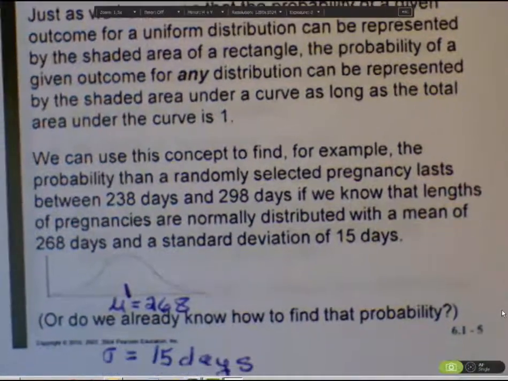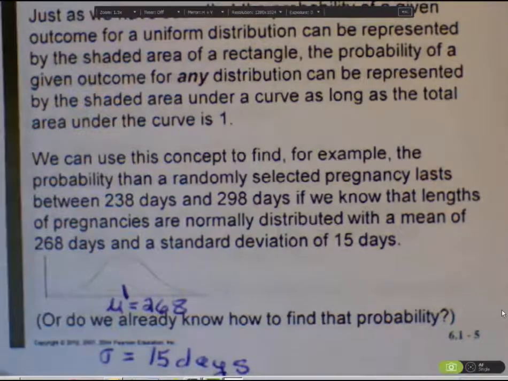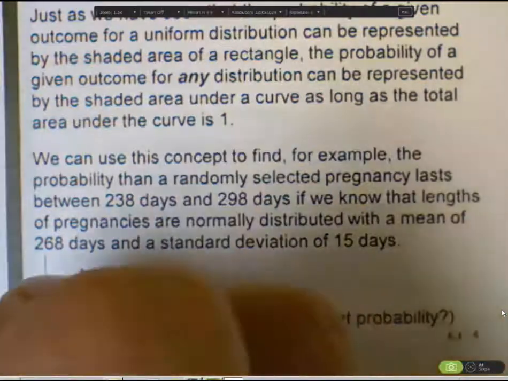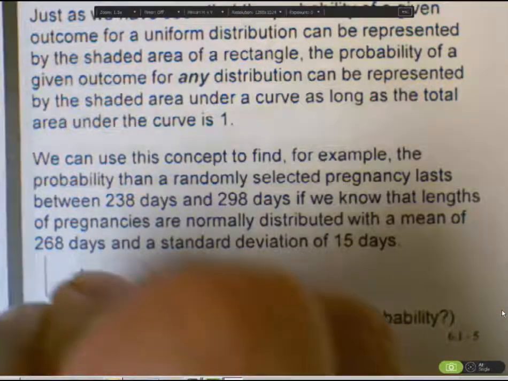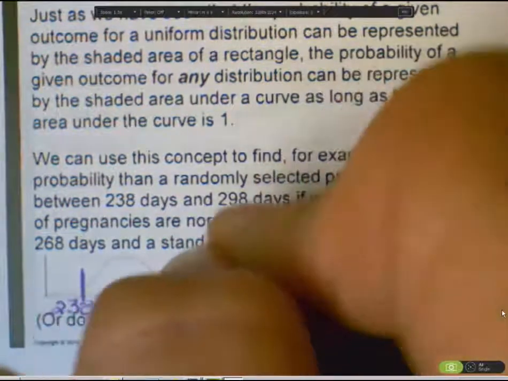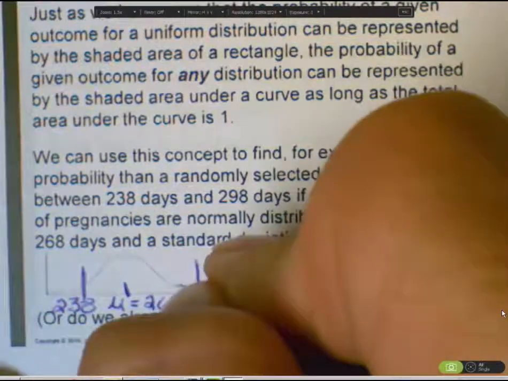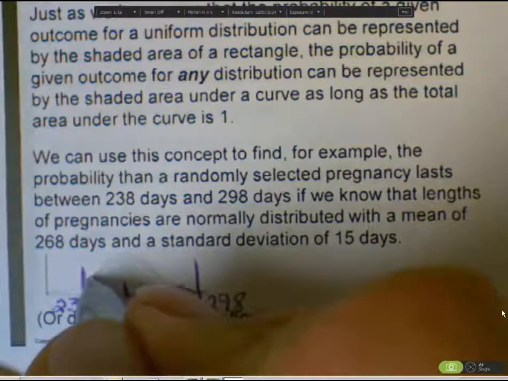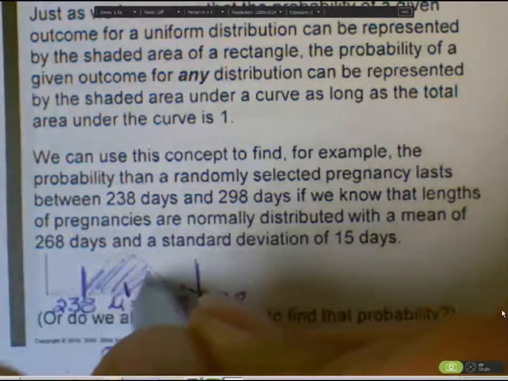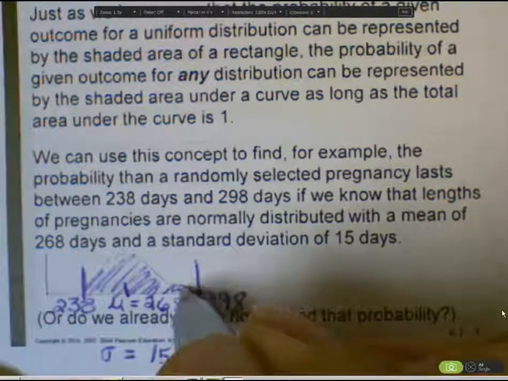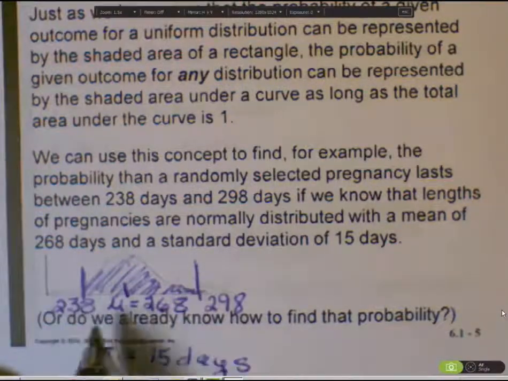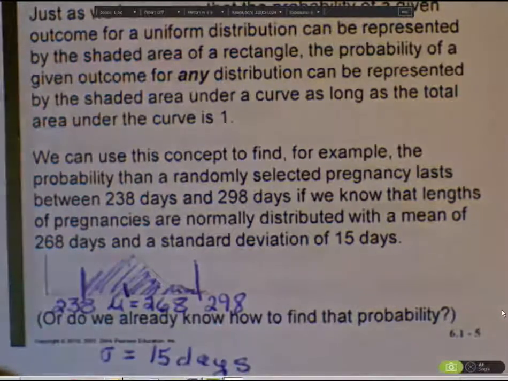We're going to talk about how to find the probability that a pregnancy lasts between 238 days and 298 days. So we'll be looking for the probability that a pregnancy is complete somewhere in this shaded area between 238 and 298.